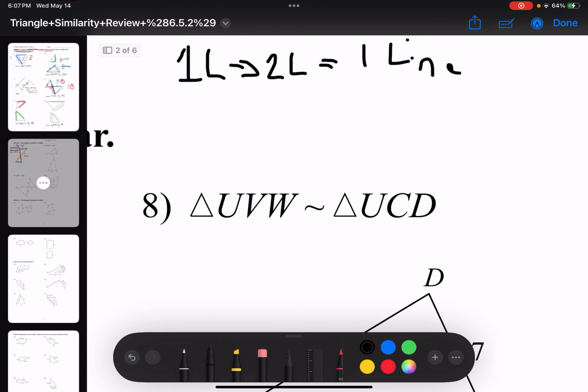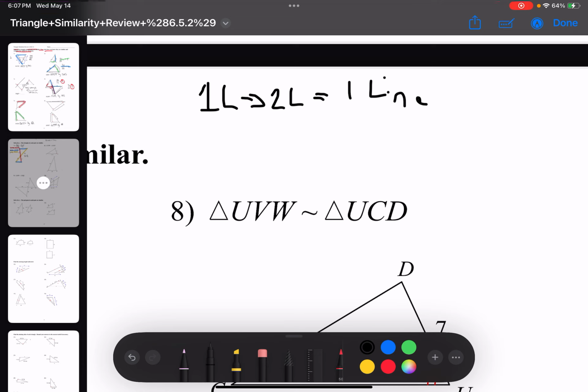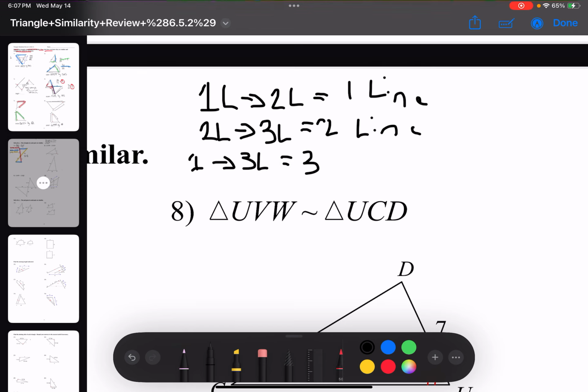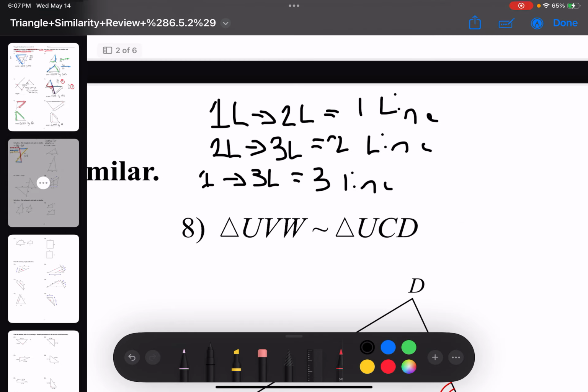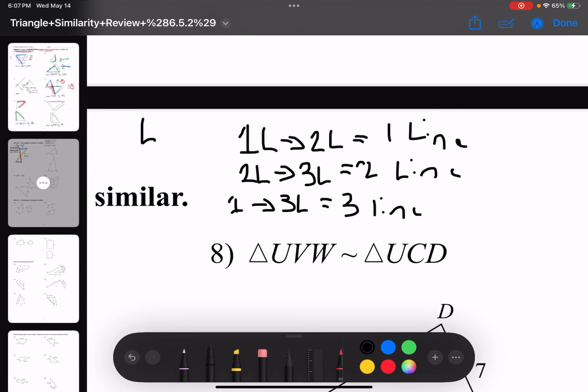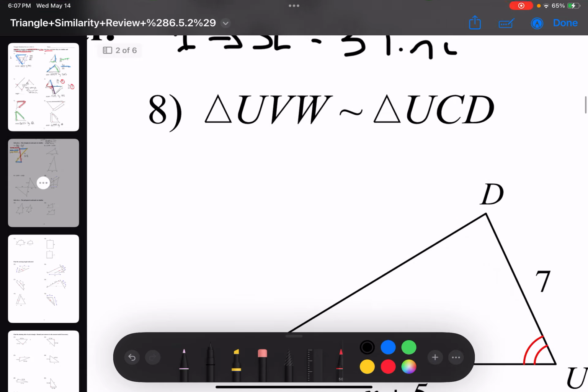This is your order, okay? And then the second letter to the third letter equals the second line. And I would low-key say that the second line is the most unimportant. The first letter to the third letter is your third line. Wait, have I been saying line instead of letter? L is equal to letter. There we go.